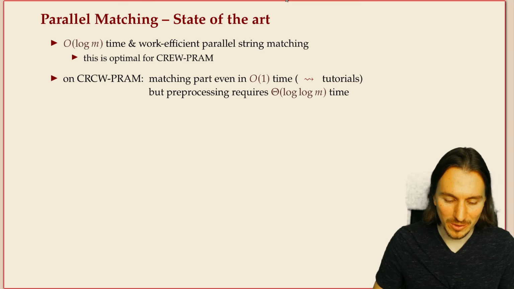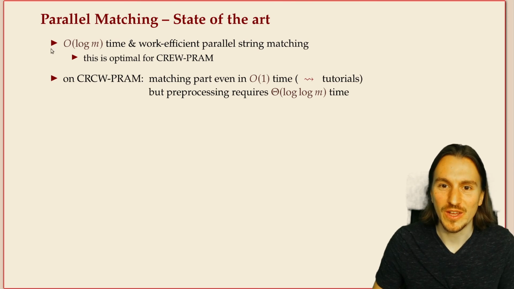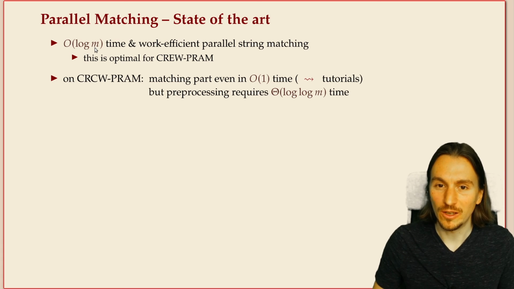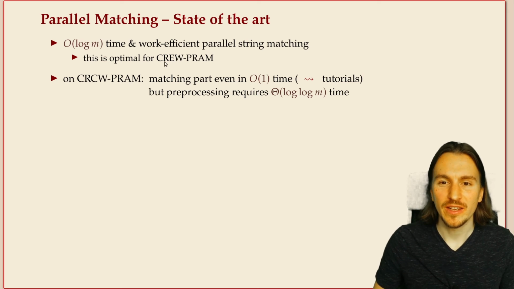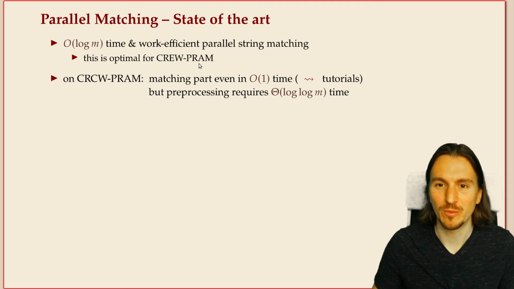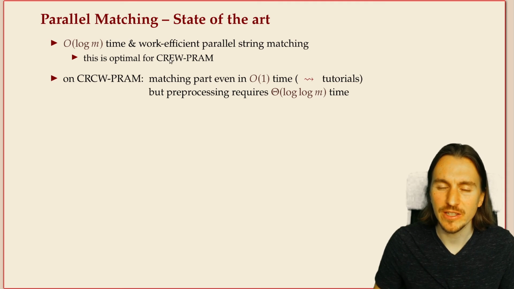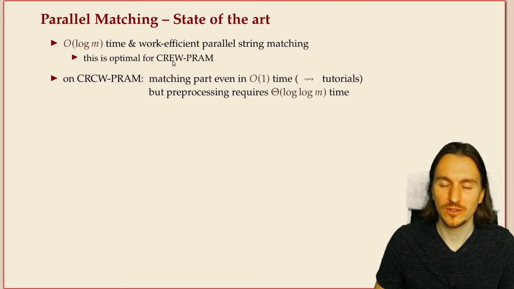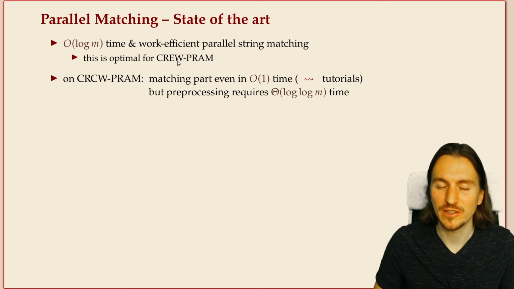So what you're supposed to know is just that this is possible. So the state of the art for parallel string matching is you can do log m time and work efficient. And this is in fact the best you can hope for on the CREW PRAM, our standard model, where you allow concurrent reads, but you don't allow concurrent writes. They have to be exclusive.